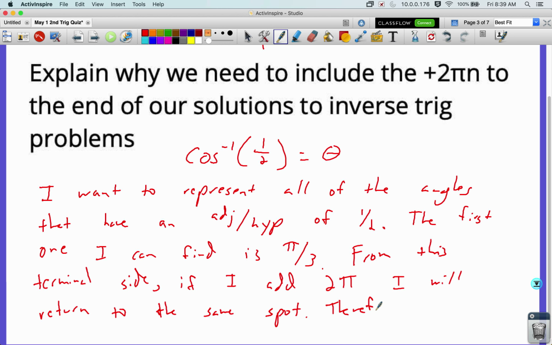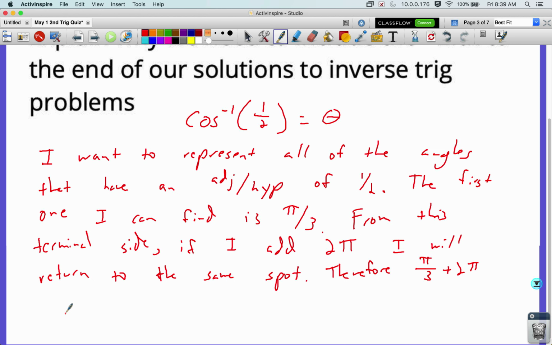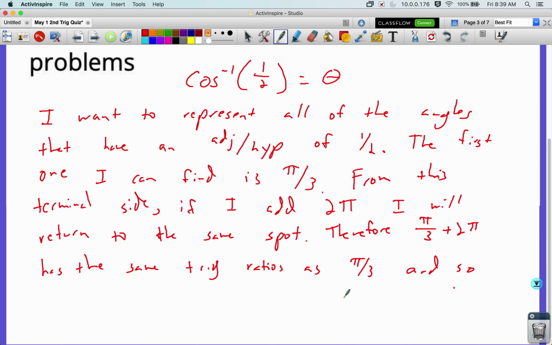Therefore, pi over 3 plus 2 pi n, or we'll just say plus 2 pi for right now, has the same trig ratios as pi over 3. And so will all coterminal angles.